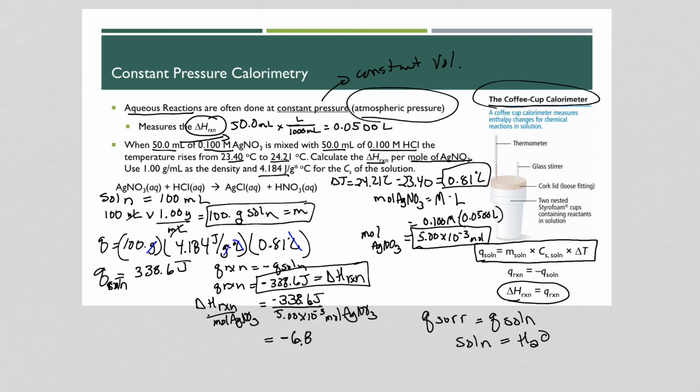So we're going to limit this to two significant figures, times 10 to the fourth joules per mole of silver nitrate.